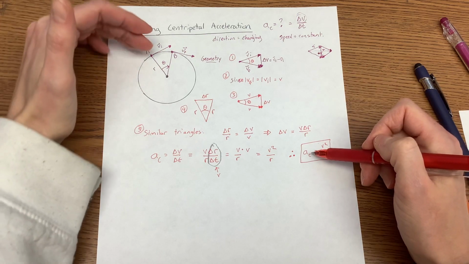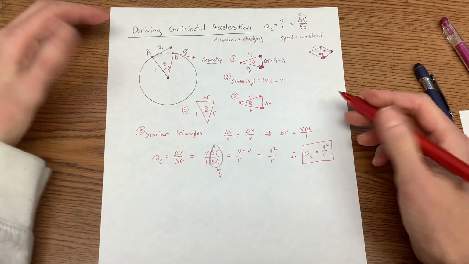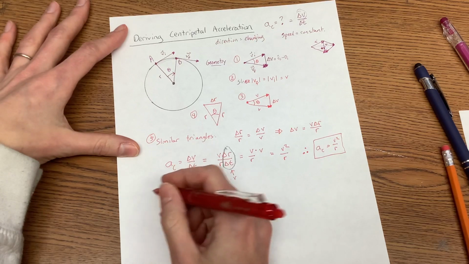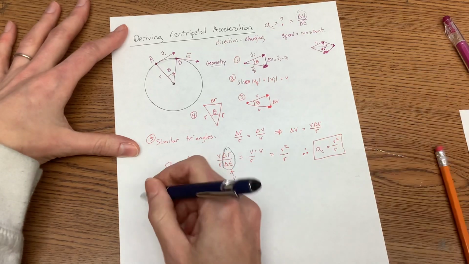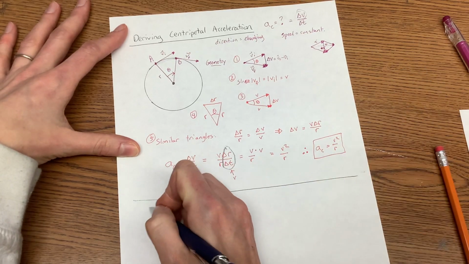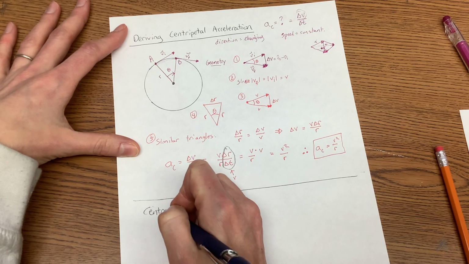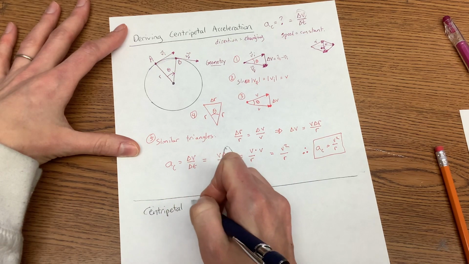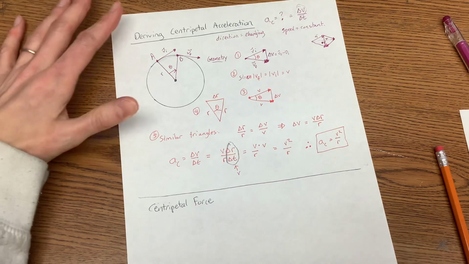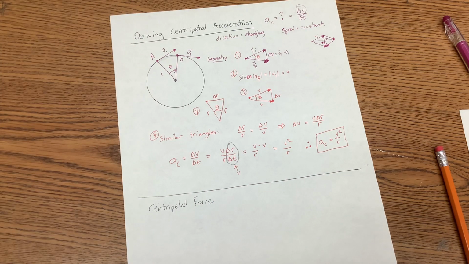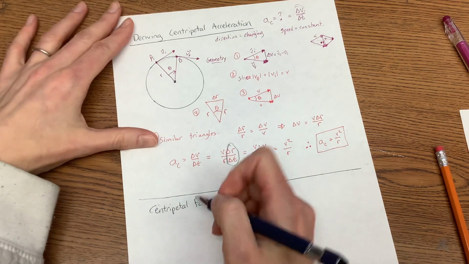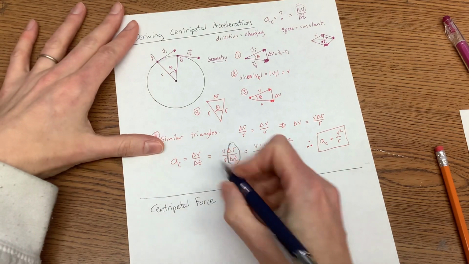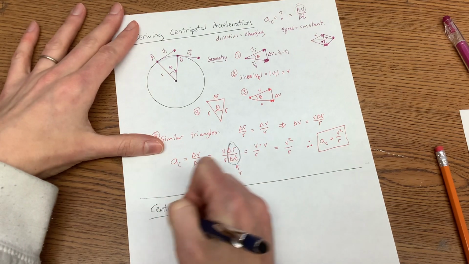So remember that centripetal acceleration is directed along the radius. So what do I do if I'm looking for the centripetal force? We'll deal with more complicated problems later on, like what if I'm in a vertical circle? But right now we're just going to talk about objects that are in horizontal circles.